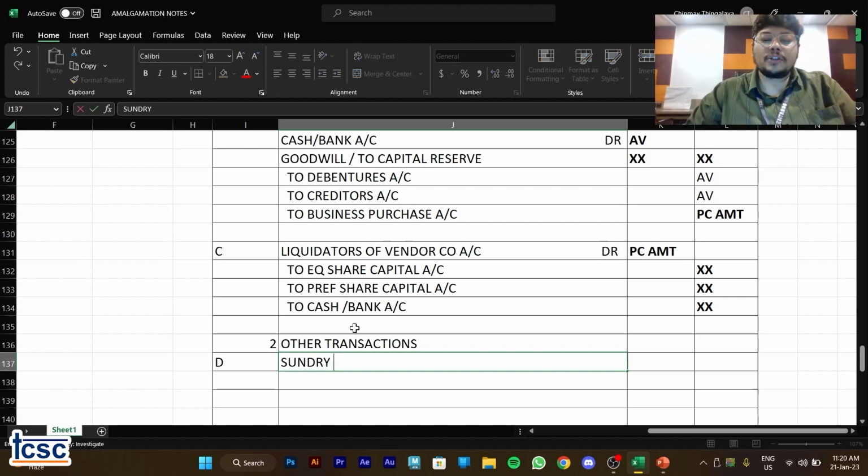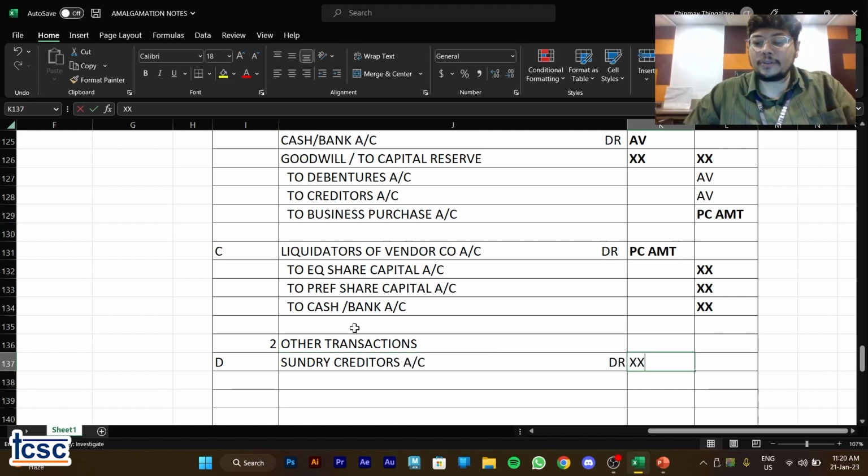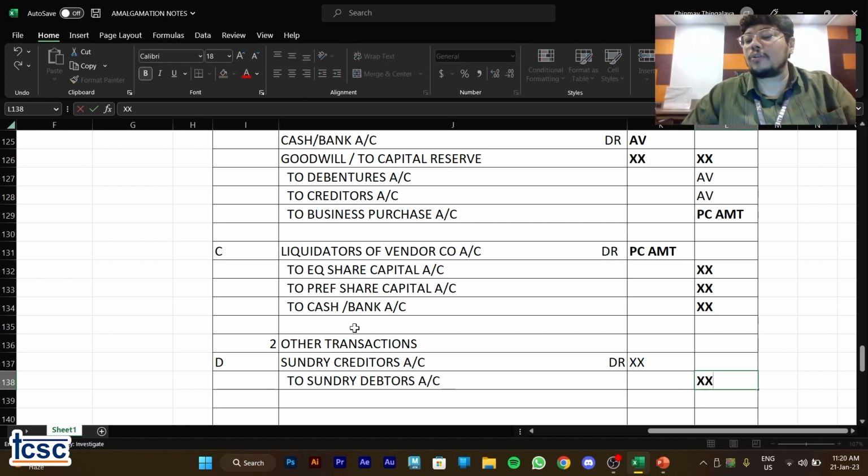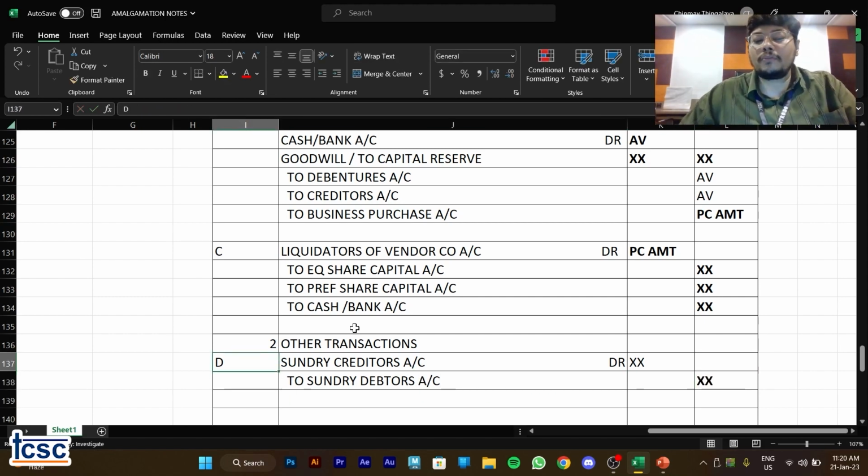So the journal entry will be sundry creditors account debit, because the liability is reduced. I'm not supposed to pay that liability in future. Likewise, my debtors are also reduced, that is, money is not going to be received from that party in future.